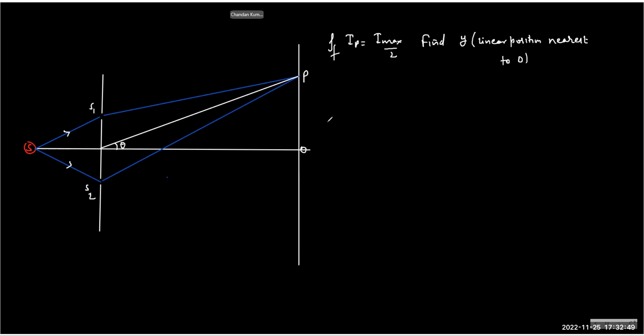So which point closest to O will have this relation? If we use the formula, we are taking the identical source. So we can write this.